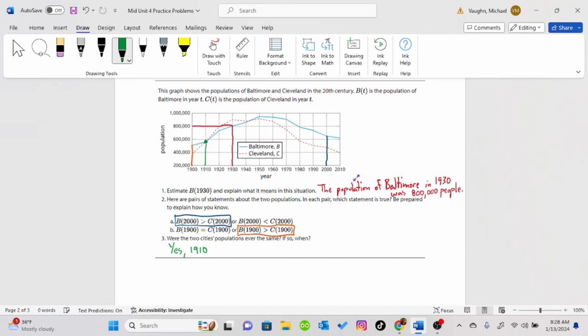1910. And then if we continue to go, we see that the lines cross each other again around 1945.